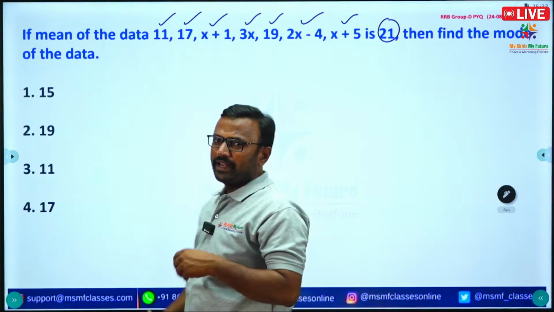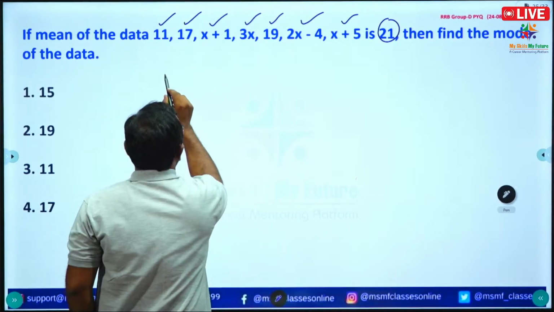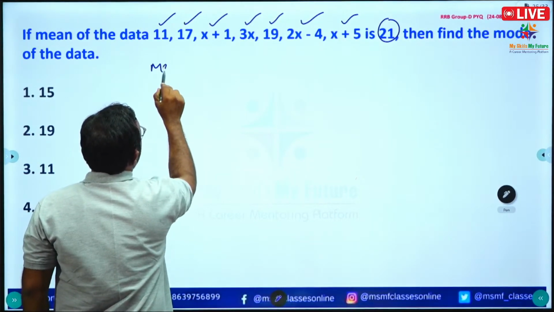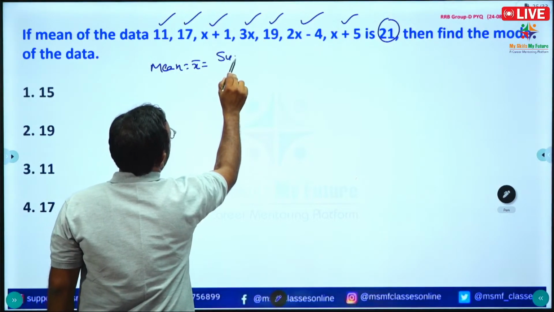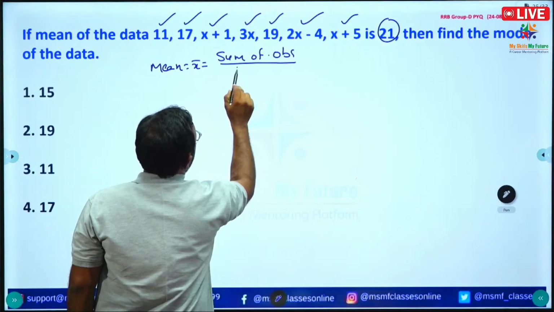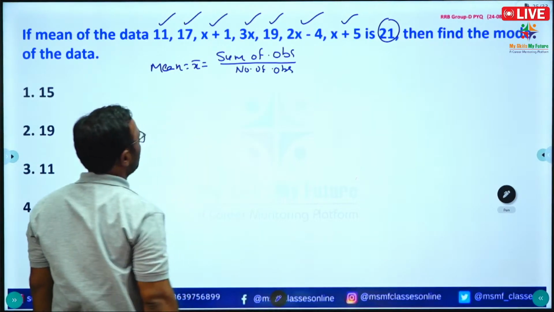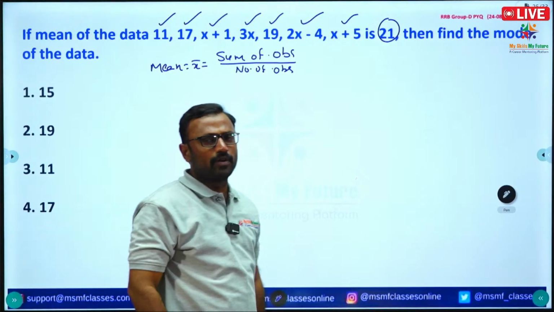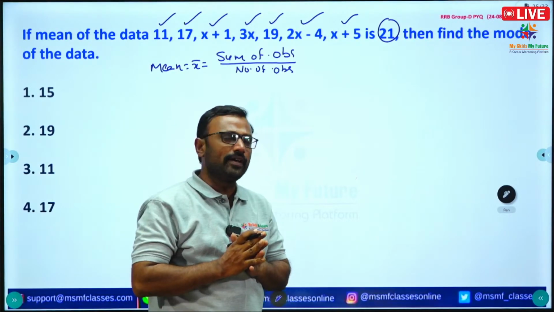So what is mean? Sum of observations by number of observations. So mean, x bar, is equal to sum of given observations by number of given observations.